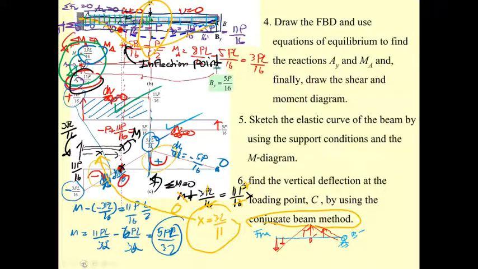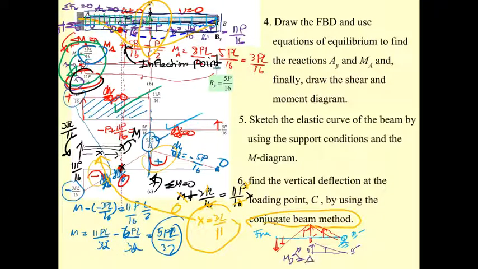So what you are going to do is use this portion of the beam, D prime and B prime, to determine M sub D prime.